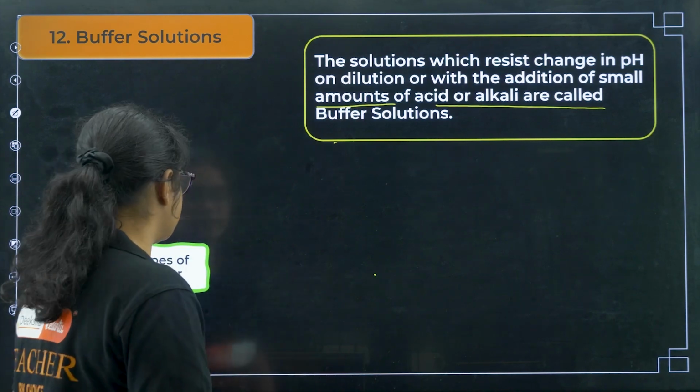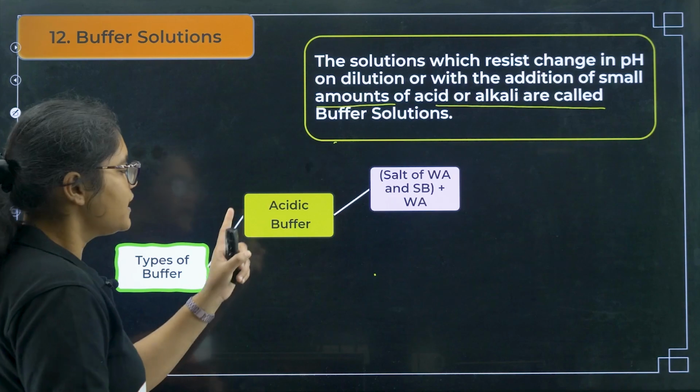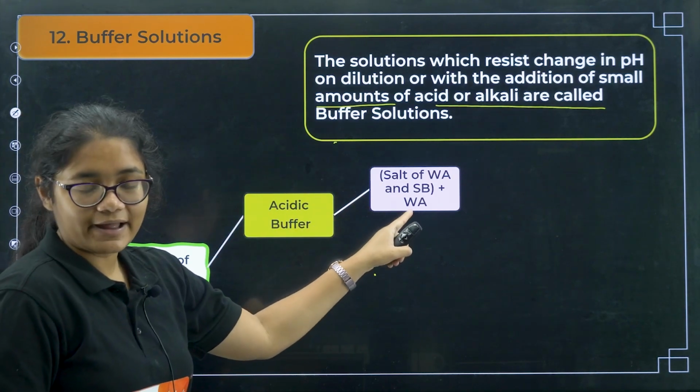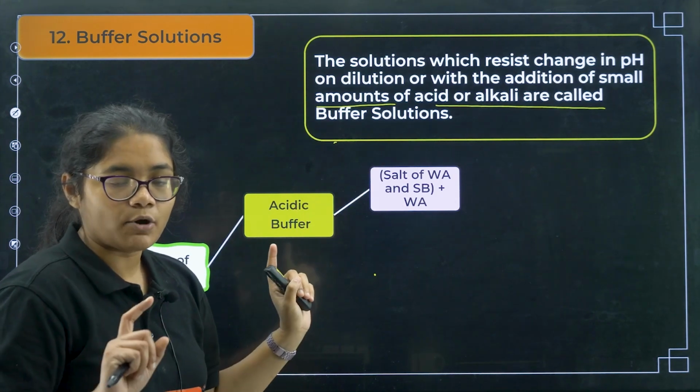Now buffer solutions are of two types, acidic buffer and basic buffer. Acidic buffer will be made up of a weak acid and a salt of that weak acid with a strong base. Remember, this is very important.